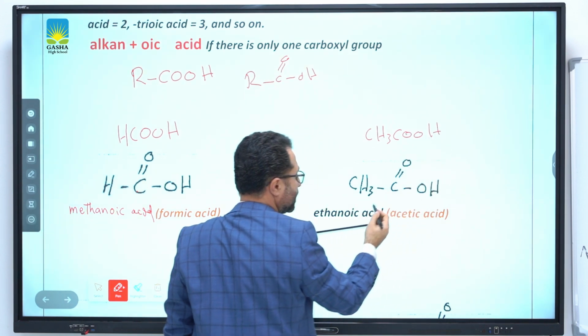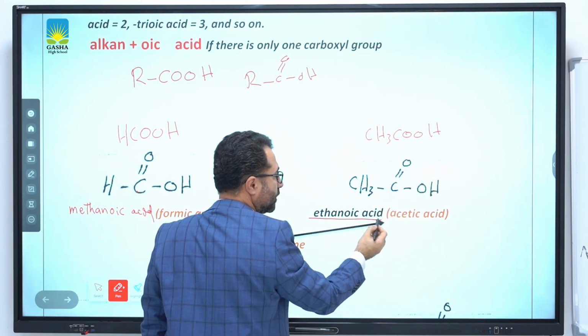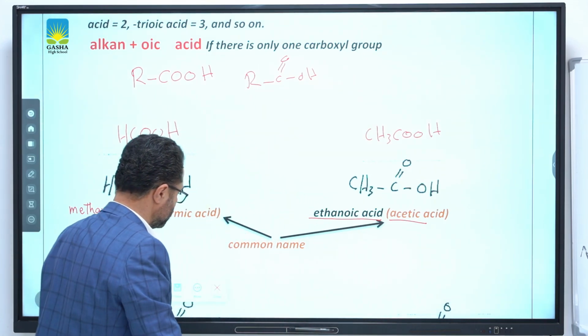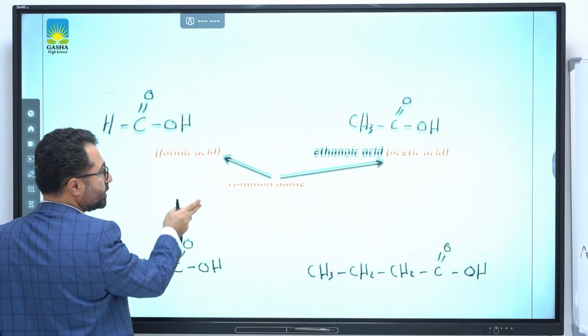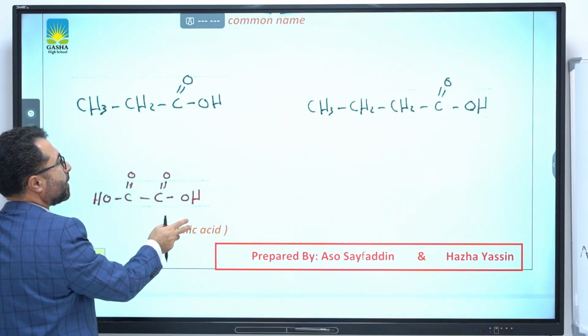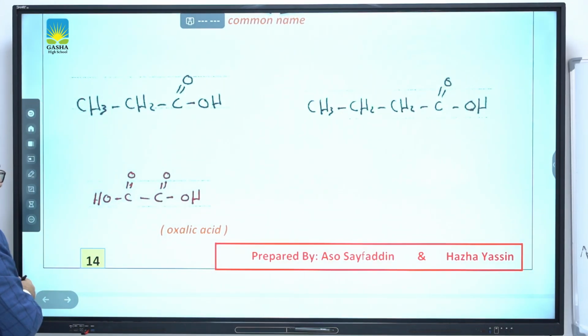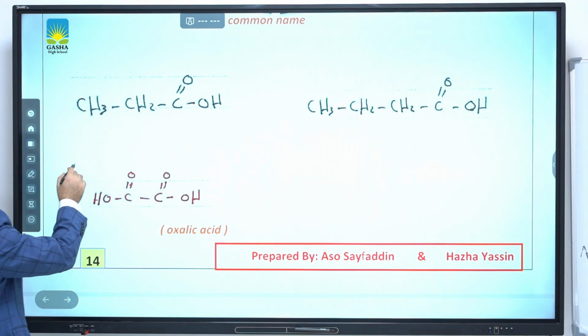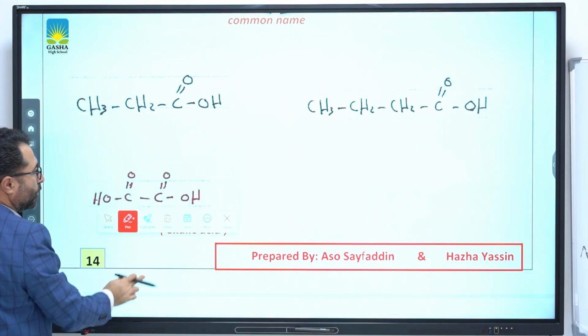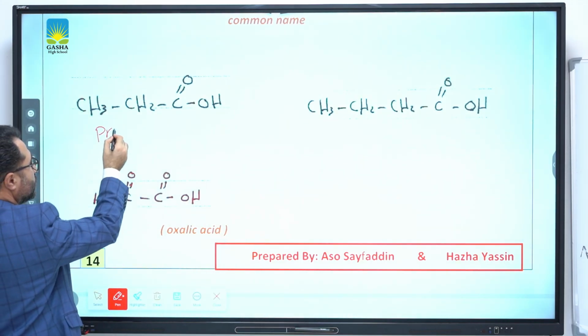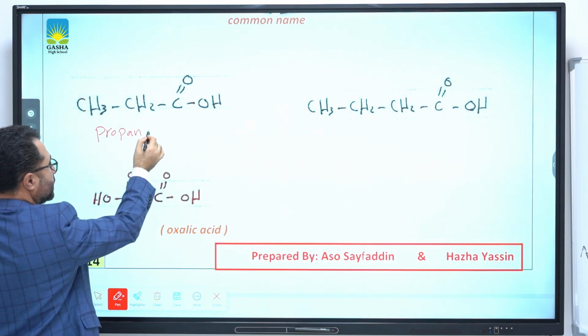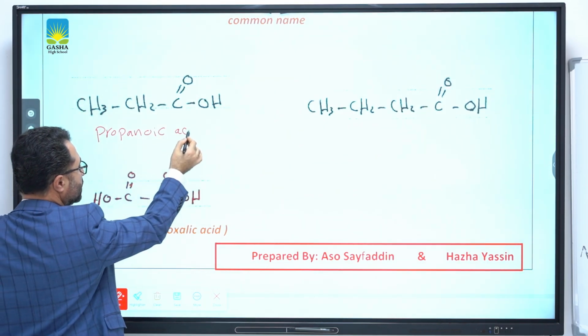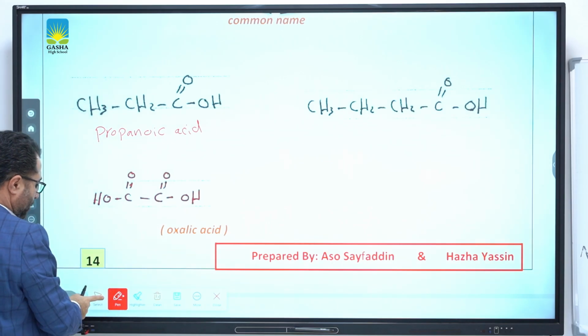Here we have CH3COOH. It's ethanoic acid, acetic acid. Here we have 3 carbons, so it will be propane, add -oic acid, so it will be propanoic acid.